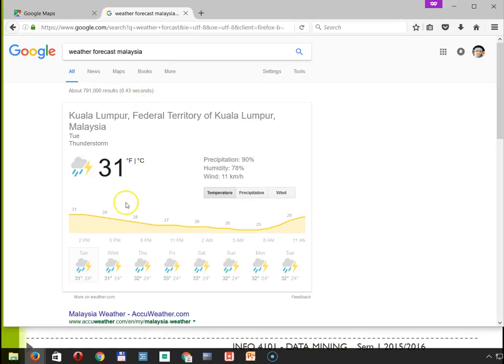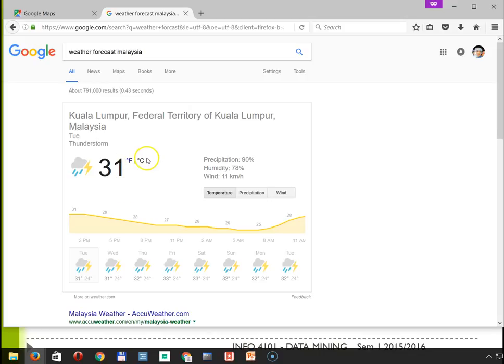So this is the kind of interaction that is probably useful, depending on who the user is, but in my case it is really useful, especially since the default is in Fahrenheit, so I'm not really familiar with how Fahrenheit degrees work, but I can imagine what 31 degrees Celsius actually feels like.